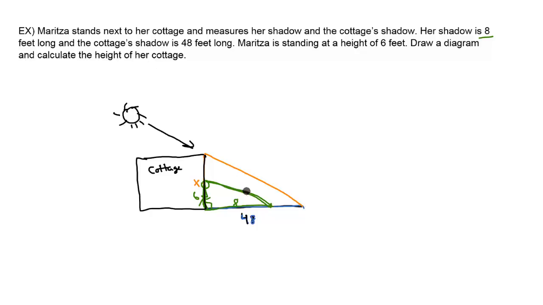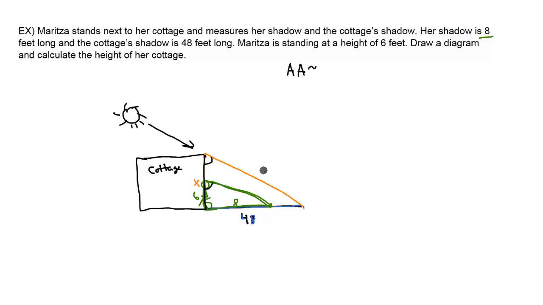Now, for the sake of solving, we're going to say that these two triangles are similar because they both have 90 degrees, and judging from the angle of the sun, let's just assume that this angle and this angle are going to be congruent. So by angle, we'll have two similar triangles, okay?